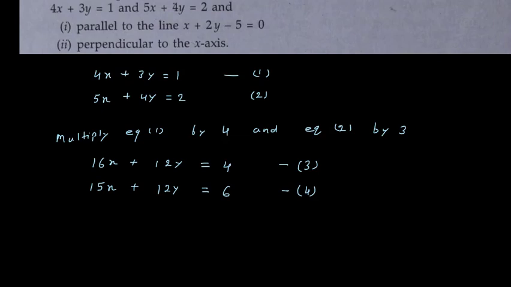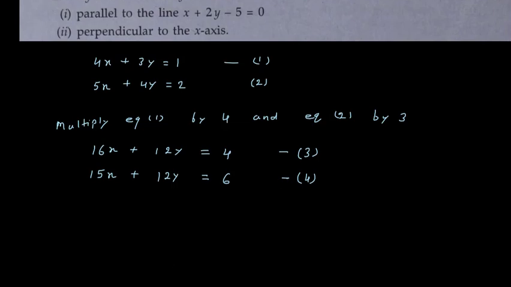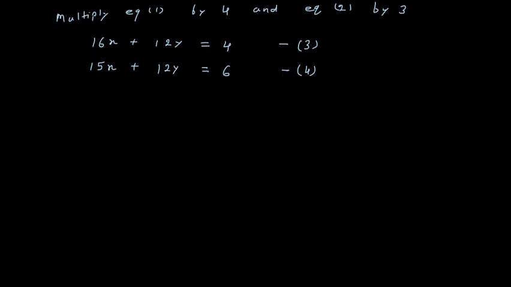Now if I subtract equation number 4 from equation number 3, I will get x. I will subtract equation 4 from equation 3. 16x minus 15x, I will get x, and 4 minus 6, I will get minus 2.